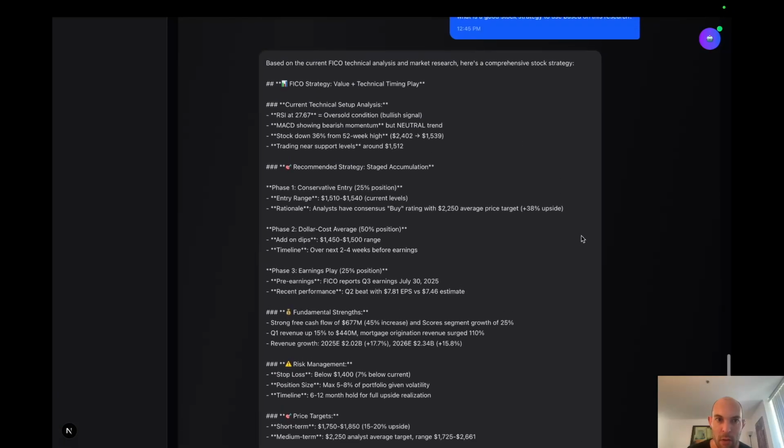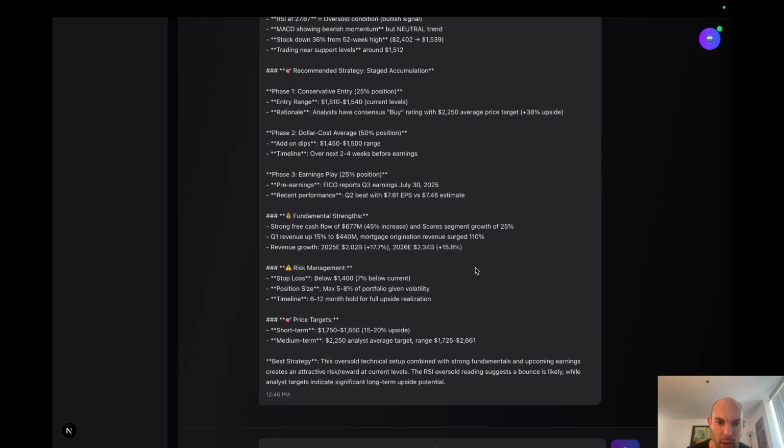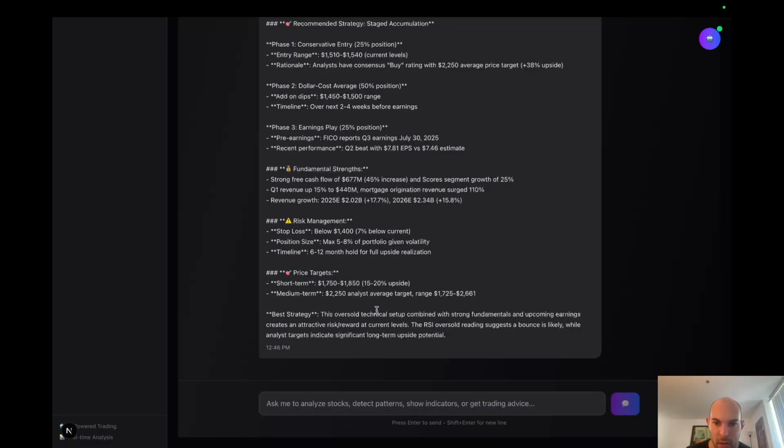Okay. Technical timing play. Okay. Stage accumulation, conservative entry, entry range around 1510, the current levels. Analysts have consensus of buy, dollar cost average, add on dips. Okay. The oversold technical setup combined with strong fundamentals and upcoming earnings creates an attractive risk reward for current levels.